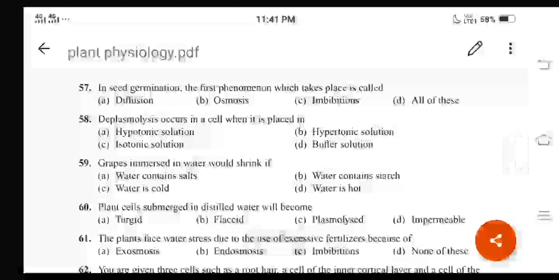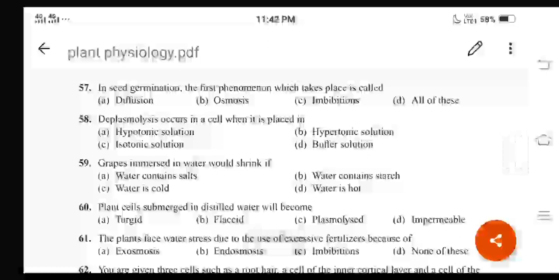In seed germination, the first phenomenon is imbibition, because the water molecules will be adhered to the dry seed, which helps in the process of germination. So the correct answer will be option C only, right?